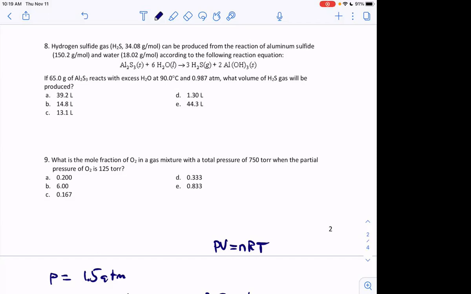So you know this is a reaction, and you're forming a gas also. We've got 65 grams of this aluminum sulfide, excess water, so we don't need to worry about that. We've got a temperature and pressure. The question is, what volume of gas will be produced? What do I do? This is what we're after, the volume of this.